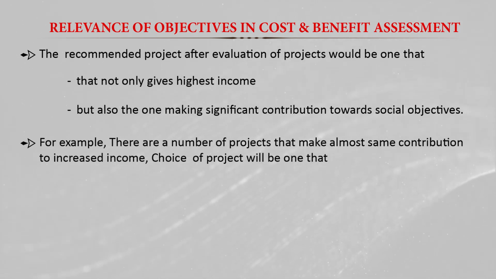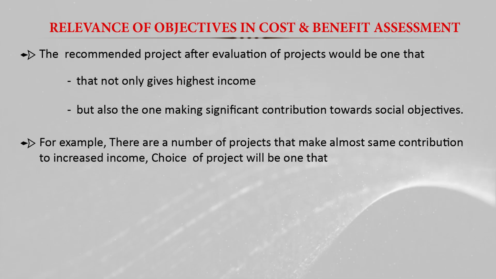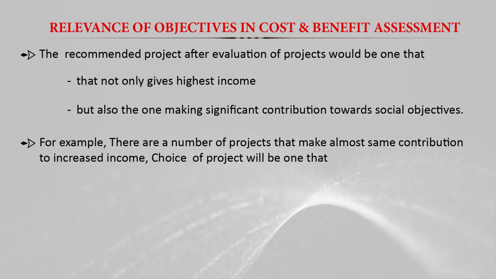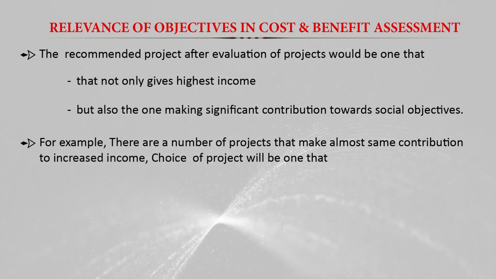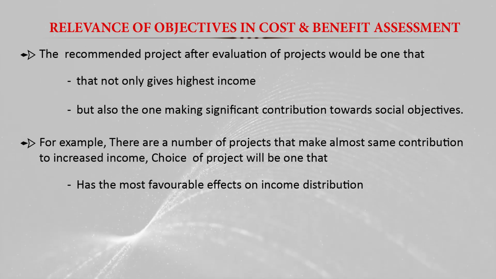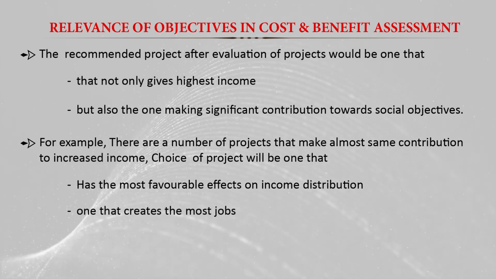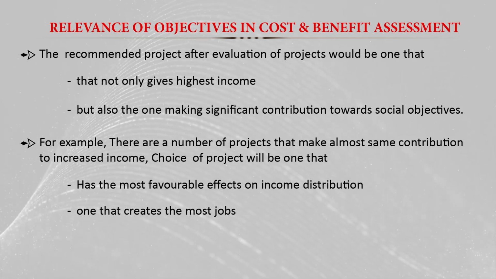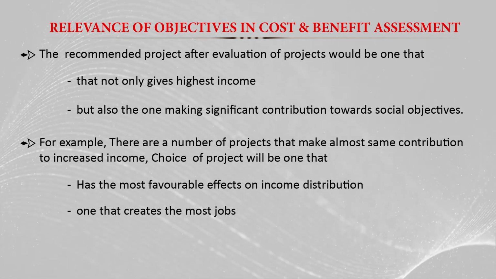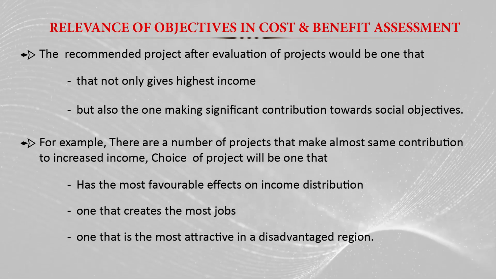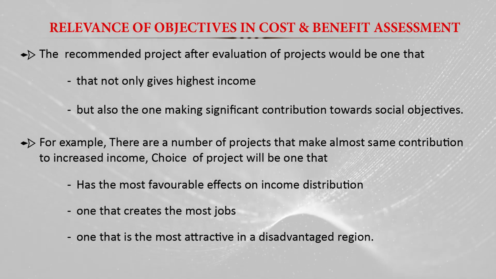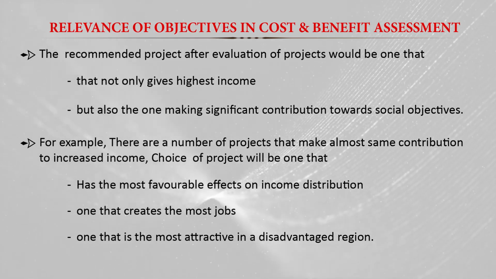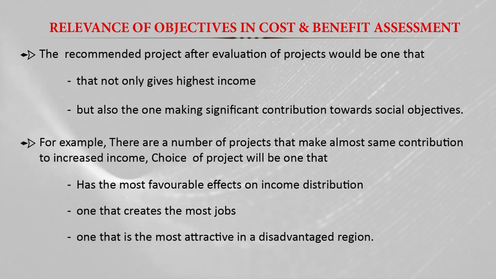For example, if there are a number of projects that make almost the same contribution to increasing income, the choice of project will be the one that has the most favorable effect on income distribution, or the one that creates the most jobs and provides maximum employment, or the one that is the most attractive in disadvantaged regions, like the dry regions. That type of project we select.